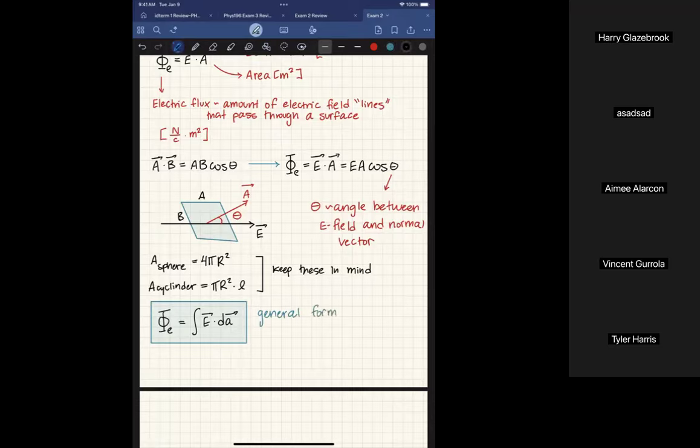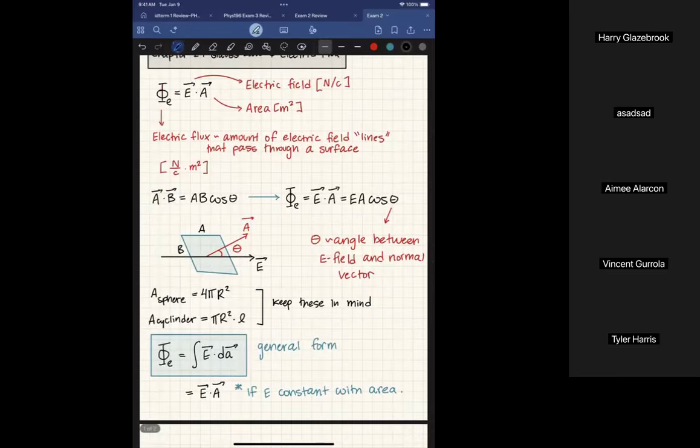When the electric field is constant with respect to area, that's when we can simplify this to E dot A. So just make sure you understand you can simplify it from its most general form if and only if the E field is constant with area. Okay, that is the first part of electric flux. I'll put a little note around this: this is important equation number 1.